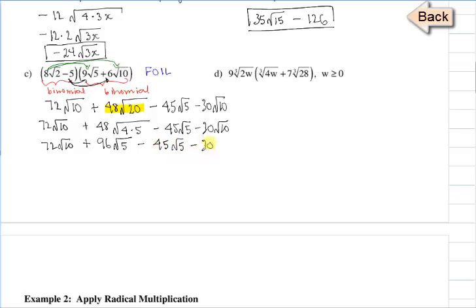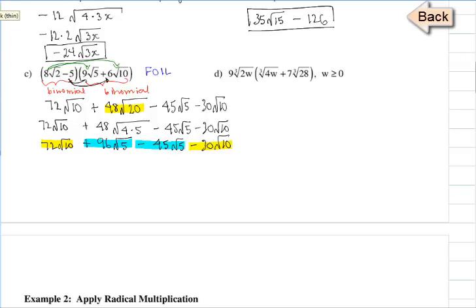Then we can just finish copying this out. The next thing that you want to ask yourself is which radicals are like radicals. Remember they need to have the same index and the same radicand. So 72 root 10 and negative 30 root 10 are like, and 96 root 5 and minus 45 root 5 are like.